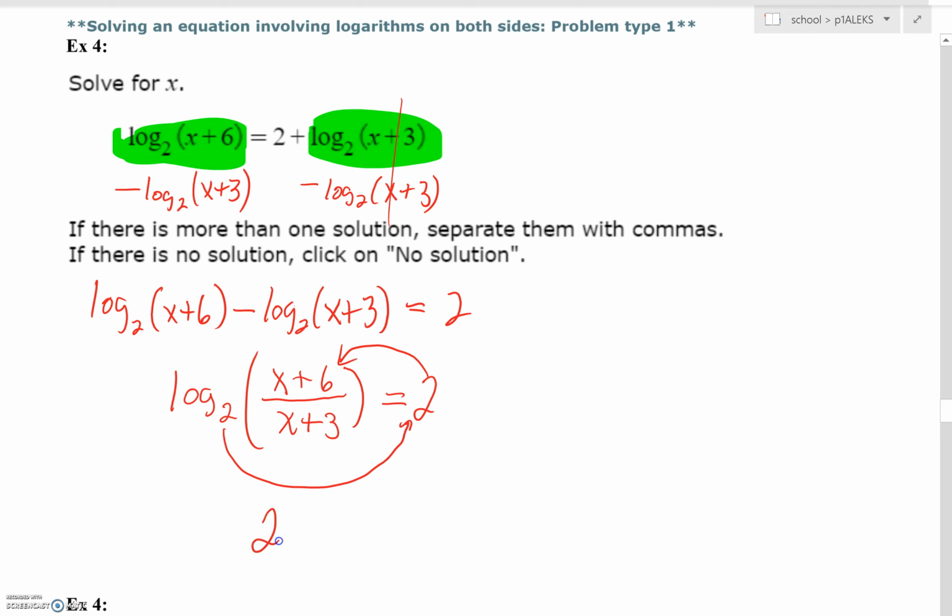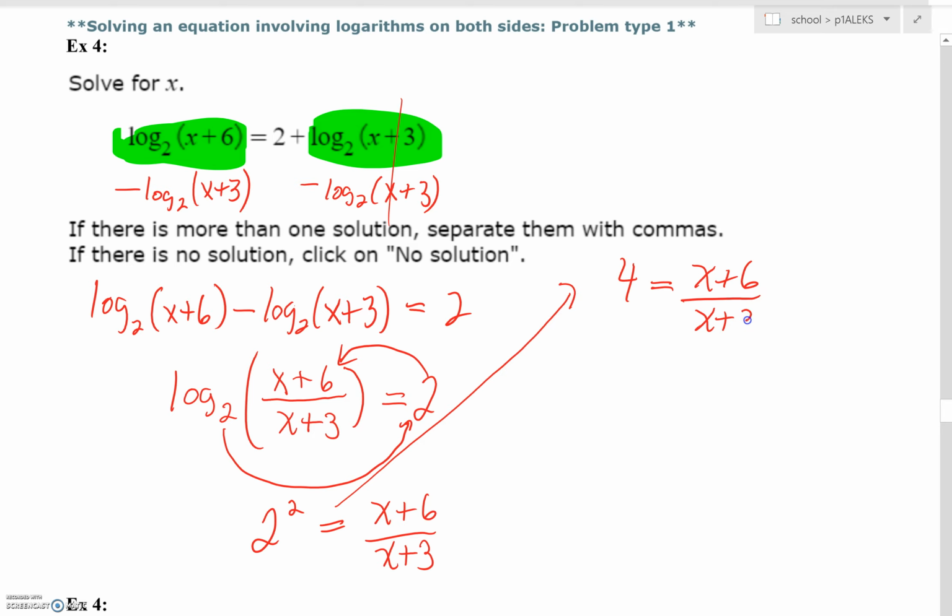So we'll say 2 to the 2 equals the inside part, x plus 6 over x plus 3. And 2 to the 2, of course, is a 4. So I'm going to rewrite that just as so. So we have got x plus 6 over x plus 3 equals a 4. We could make that 4 over 1.